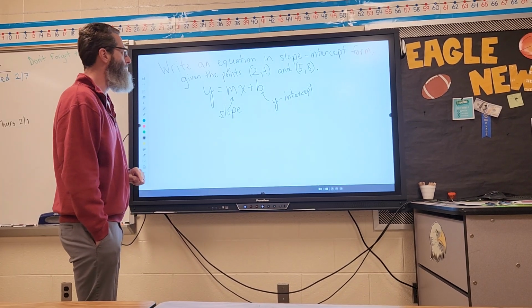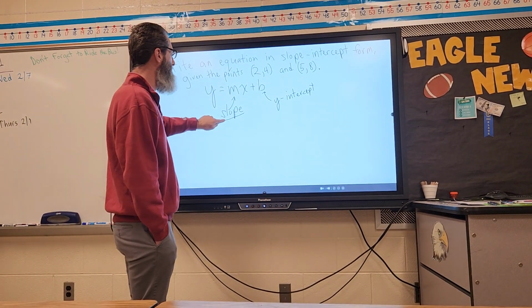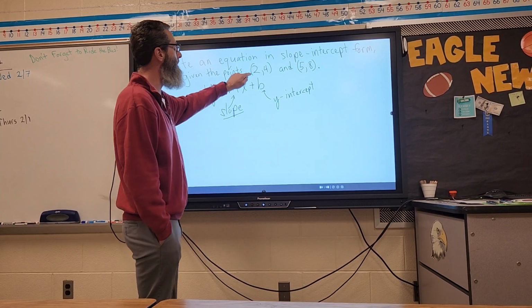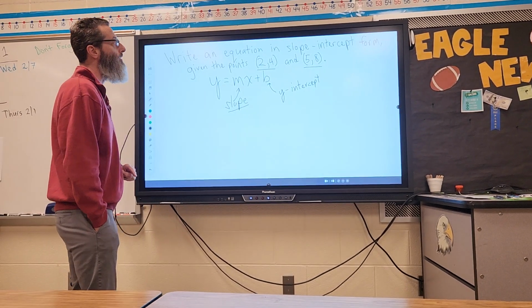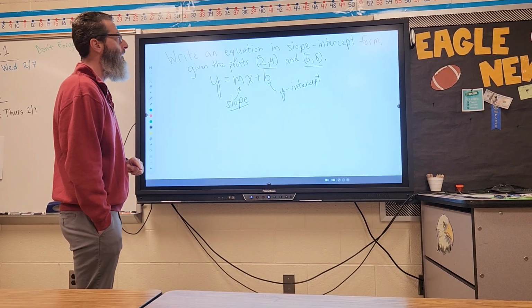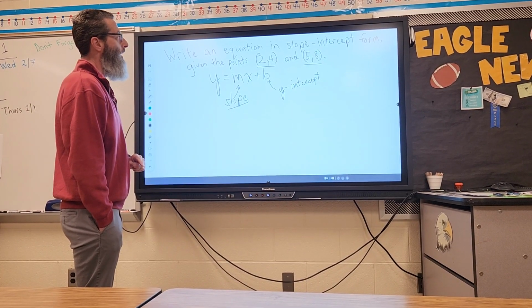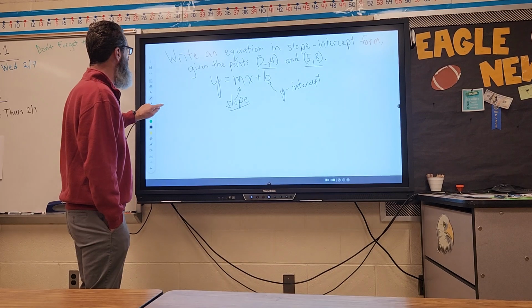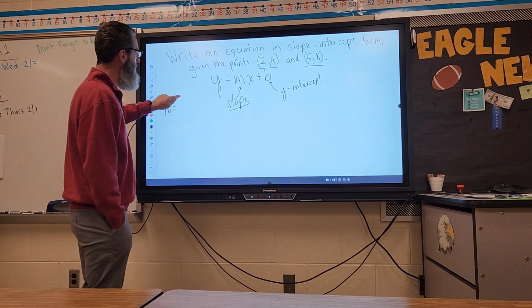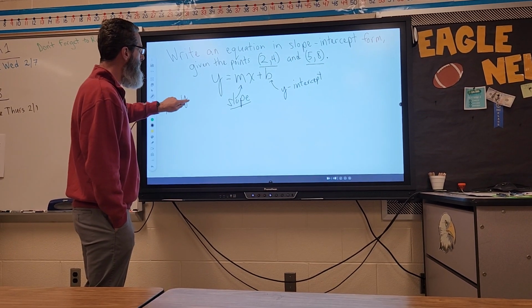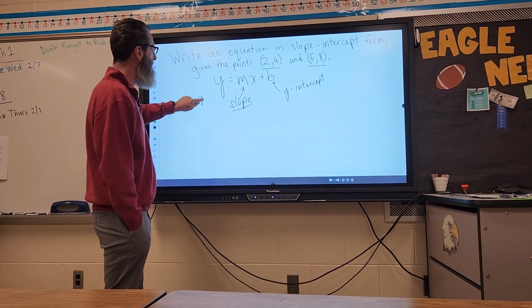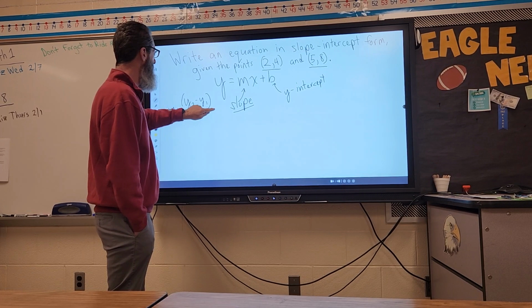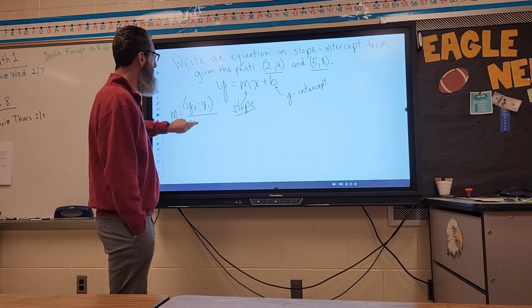Okay, so step one, we have to find the slope. We're going to use these two points, (2, 4) and (5, 8). There are two points on this line. And we find the slope with the formula: the difference between the y's divided by the difference between the x's.